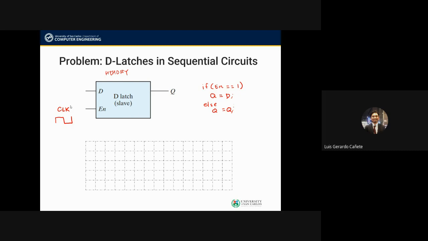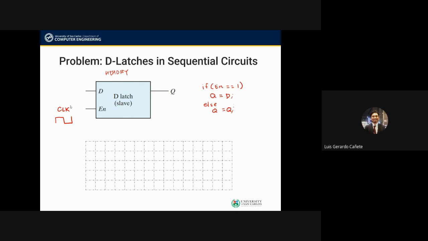So if you say that I have a 3 gigahertz clock, then you're saying that your system can go through 3 billion sequences in 1 second. That's basically what it's saying.